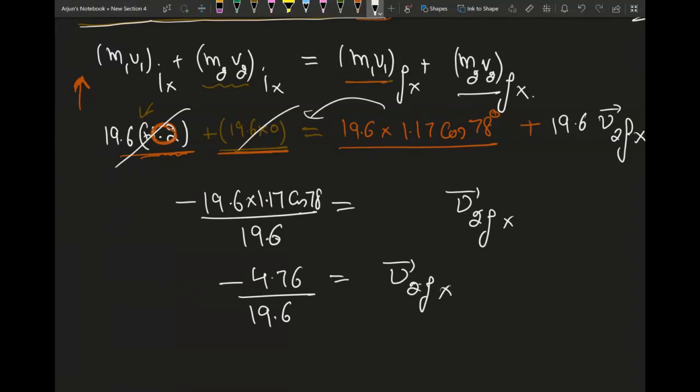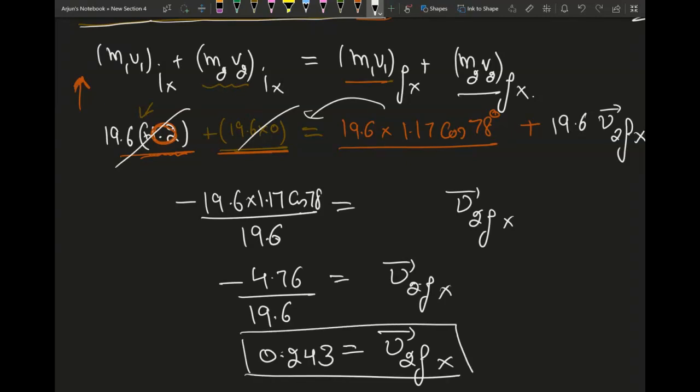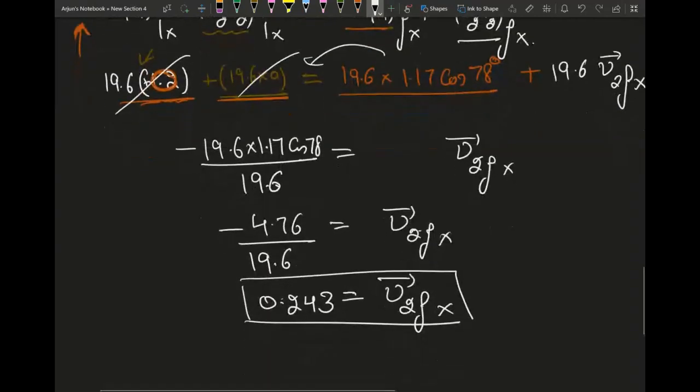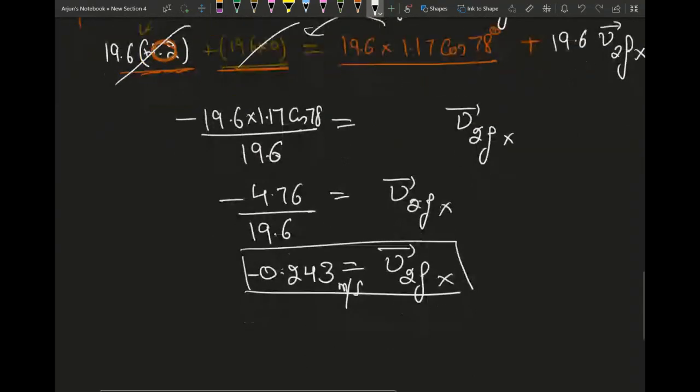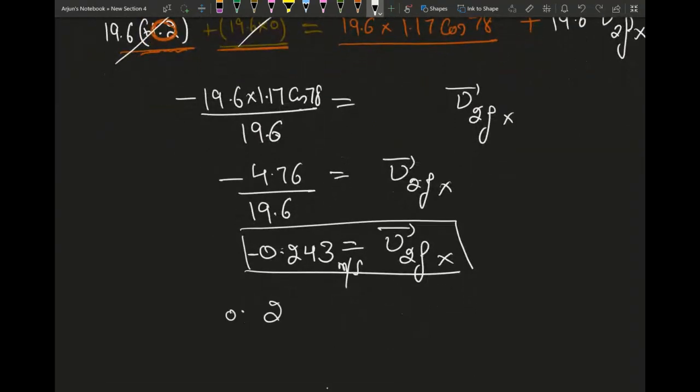So this number divided by 19.6 comes out to be 0.243. V2 final X is negative 0.243. That's the value you're going to get for final velocity in X direction. Again, meters per second. This is negative. Negative means it is in the west direction. So 0.243 meters per second west, V2 final X.